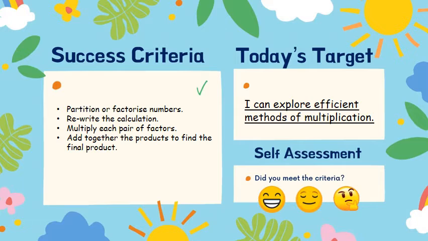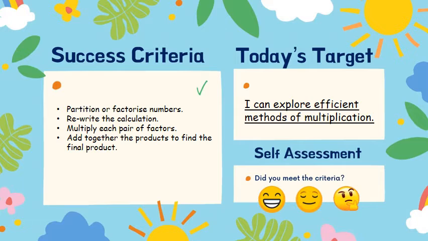What? Mister, what are you talking about? We all know what partitioning means. Separating the number out. Maybe we might do it into its tens and its ones, its hundreds, tens and ones. There are many, many different ways. Factorising numbers just means breaking them down like we did yesterday into pairs of factors. So 10 would factorise into 2 times 5.